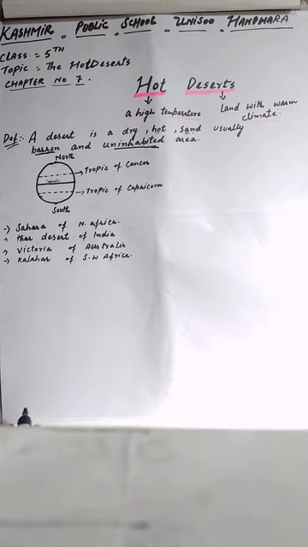Deserts in different continents differ in appearance and the kind of landforms they cover. Some deserts have mountains, while some have plains.